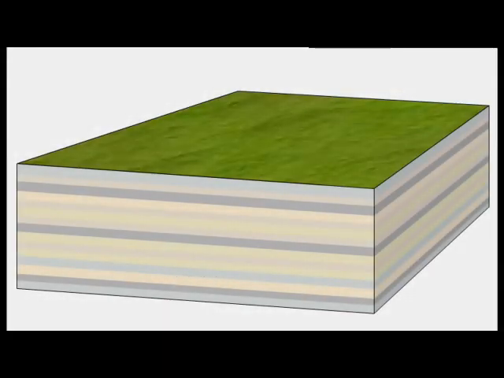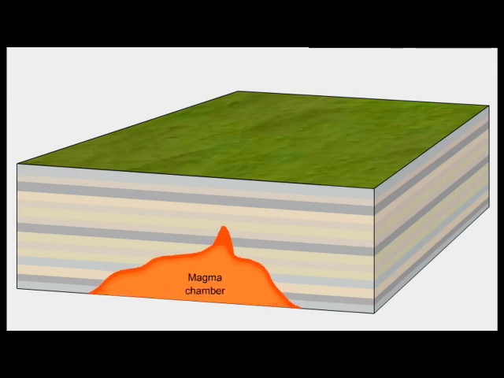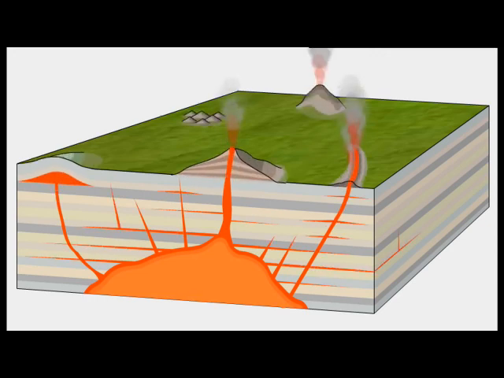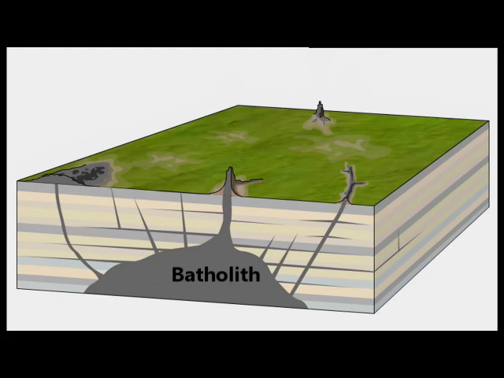Here we can see where the large collection of magma is being forced into the overlying rock. The magma cools and solidifies, forming a batholith deep below the surface.